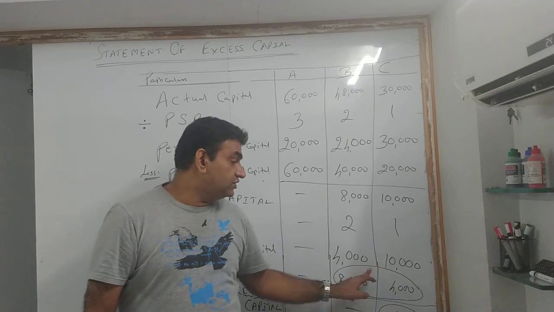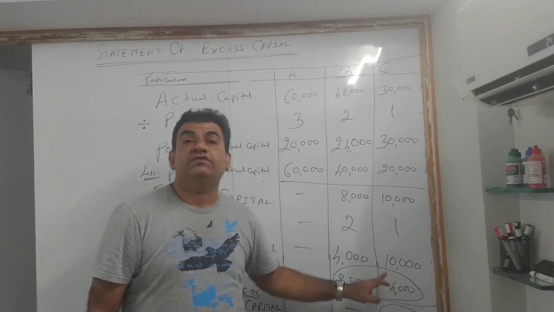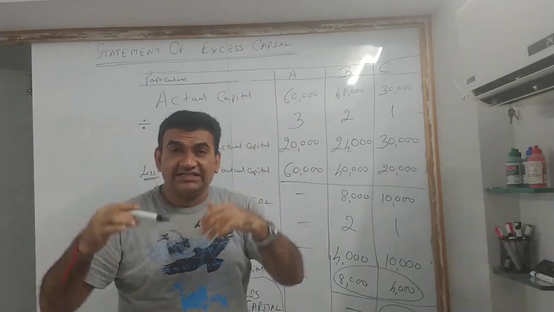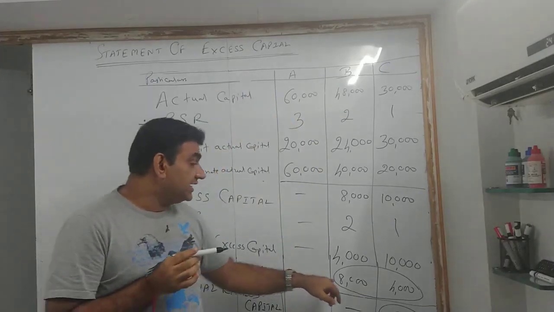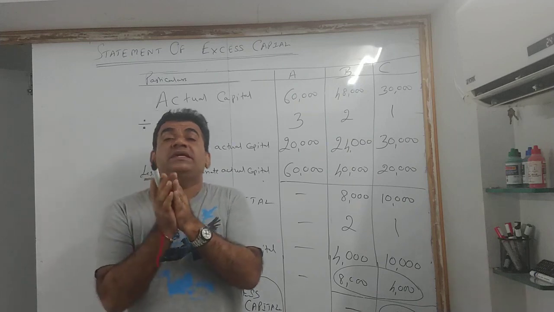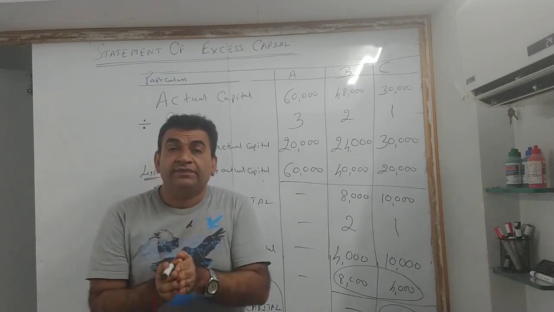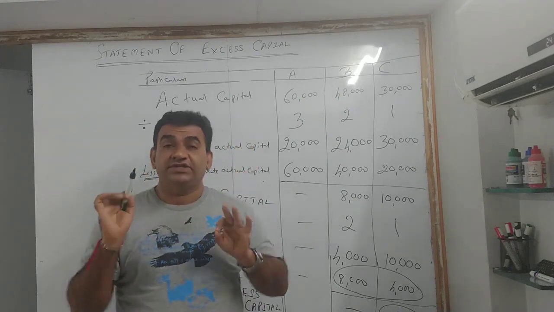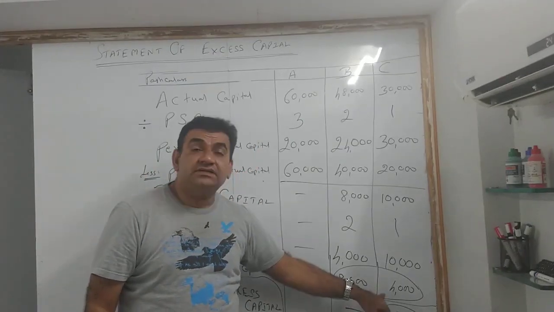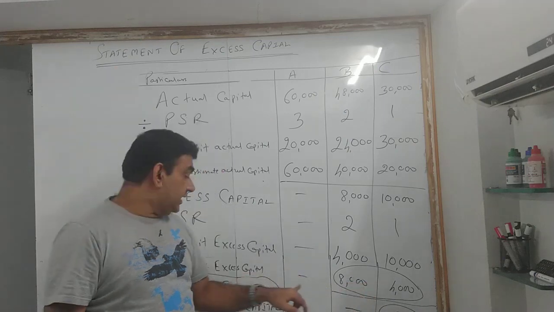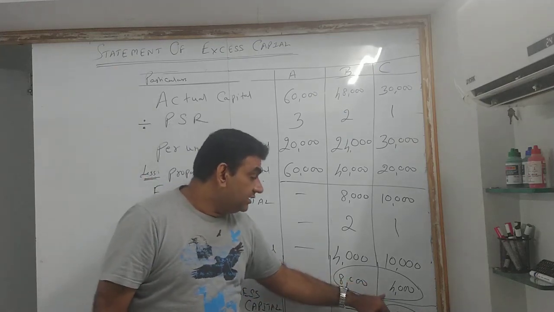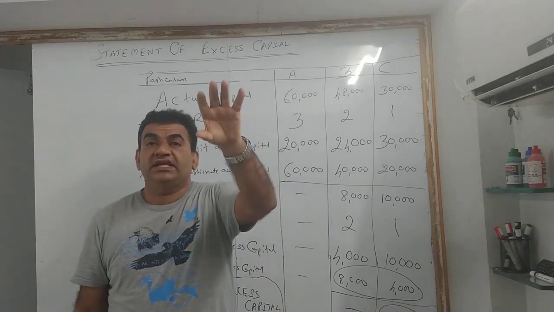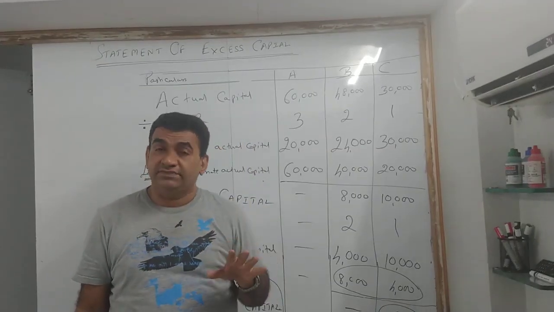So the second last step, the proportionate excess capital, has to be in the profit sharing ratio. If it is not in the profit sharing ratio, that means you have made a mistake.